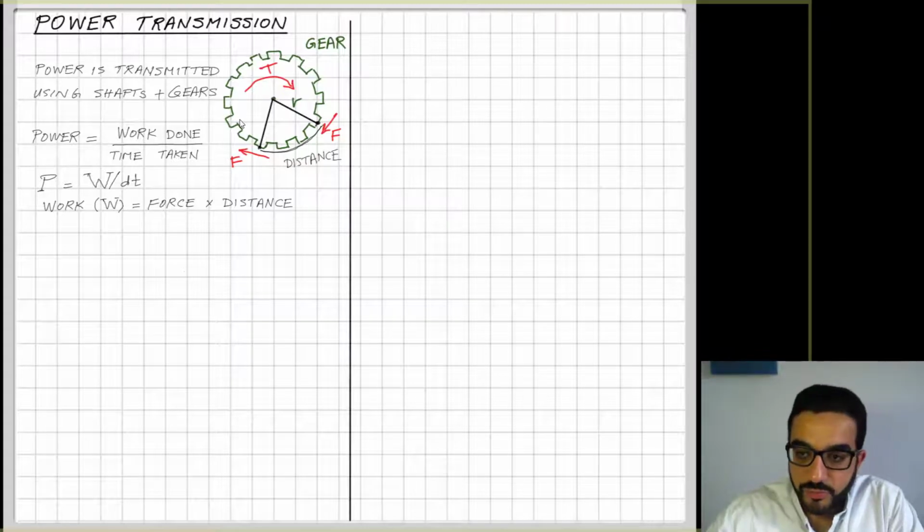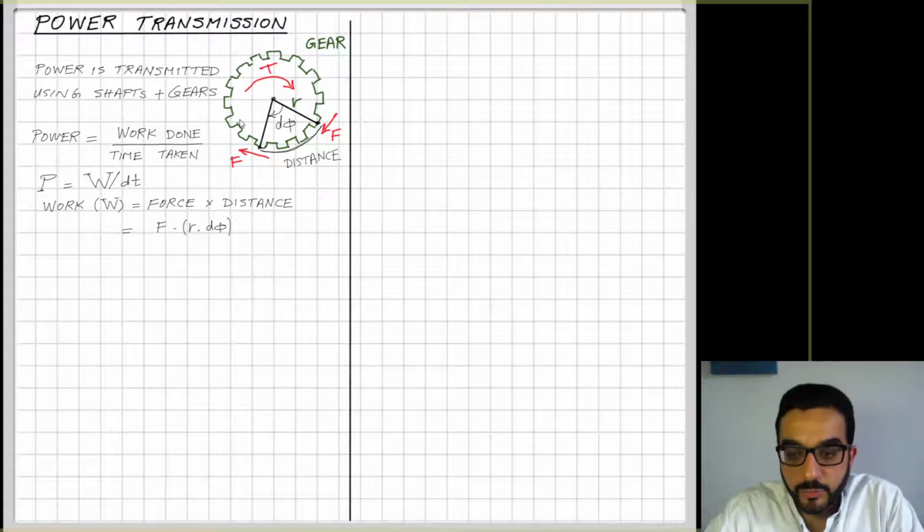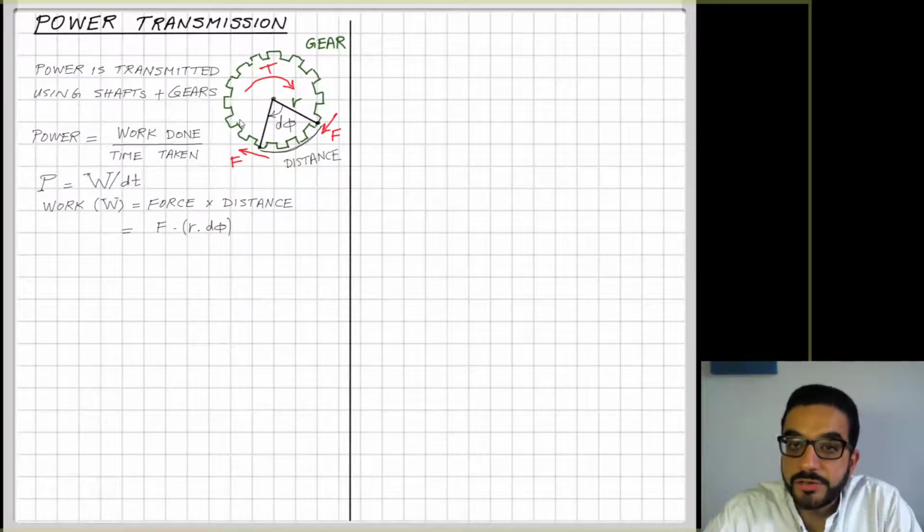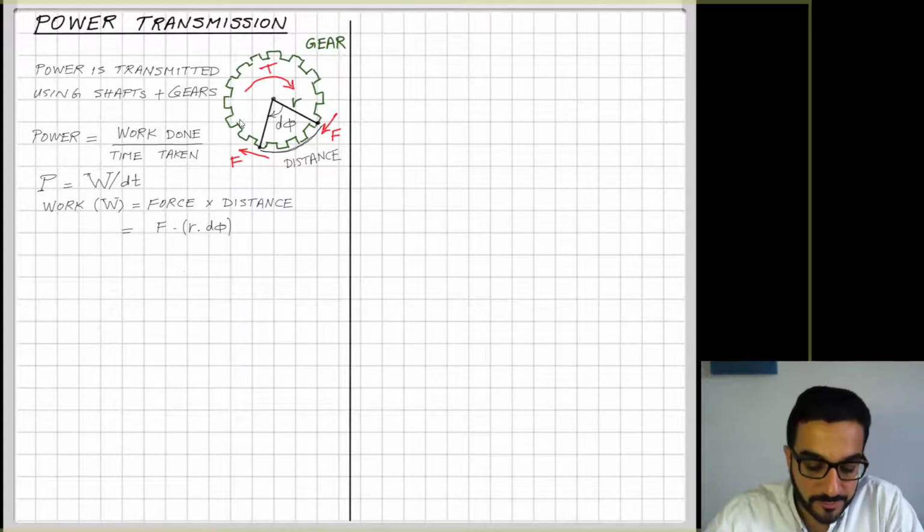So the question is, what is F and what's the distance here? For a small distance or a small rotation here, this d phi, the arc is equal to, excuse me, the radius of the gear times the angle of that rotation. So that's F times R times d phi.